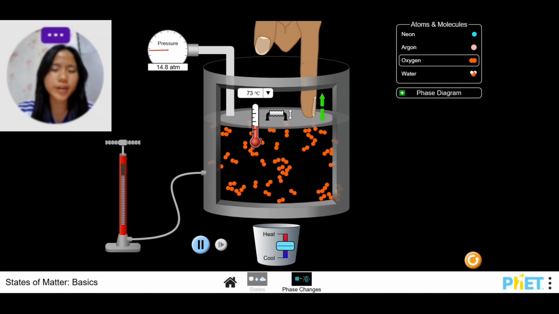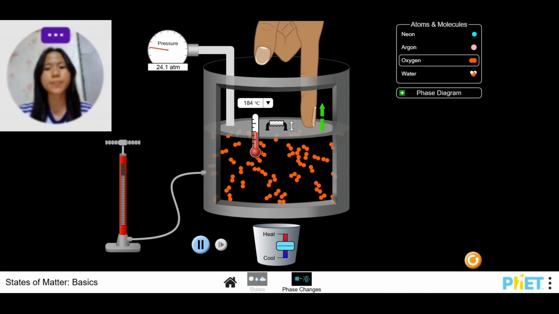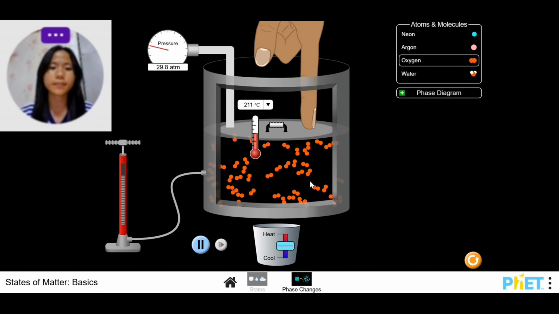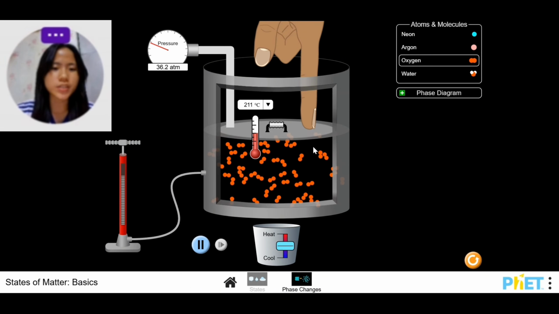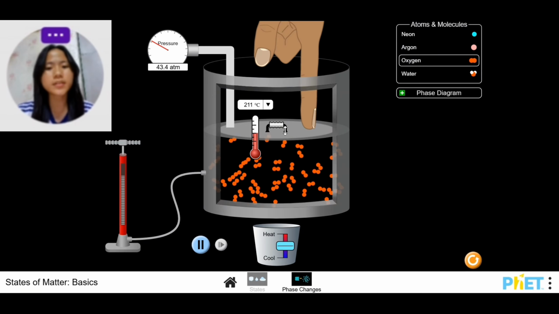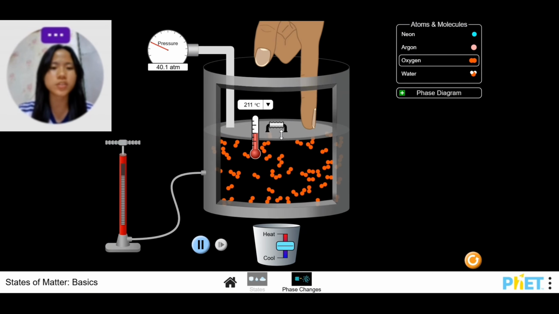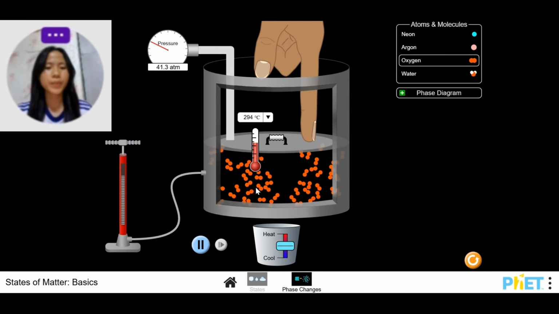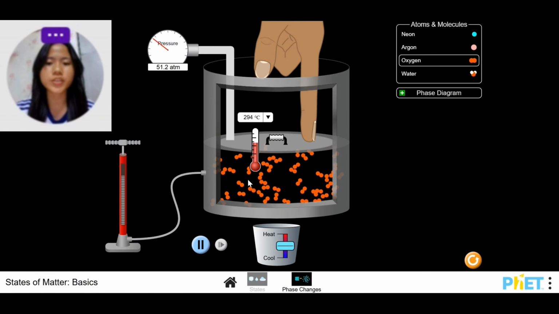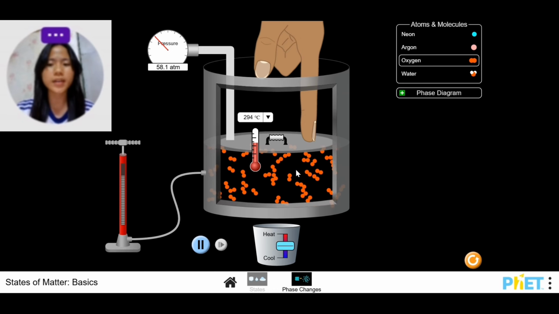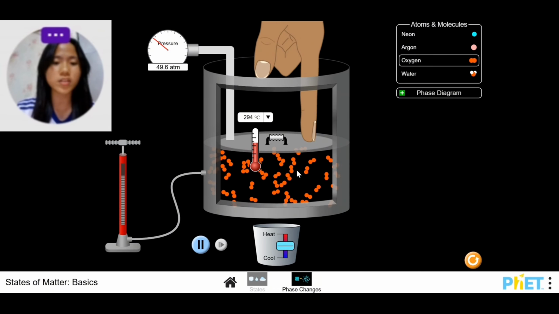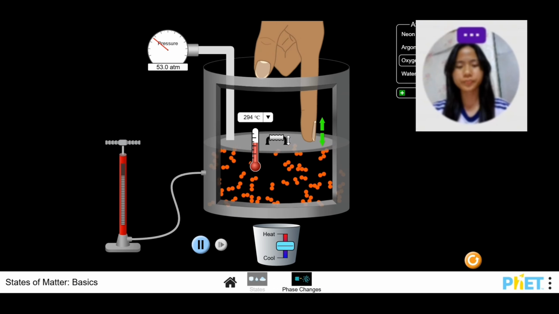This compression reduces their movement and the gas begins to condense into a liquid. As pressure increases, the particles of oxygen move more slowly and the gas transitions into a liquid state. This shows that applying pressure can cause gases to condense by reducing the kinetic energy of the molecules.